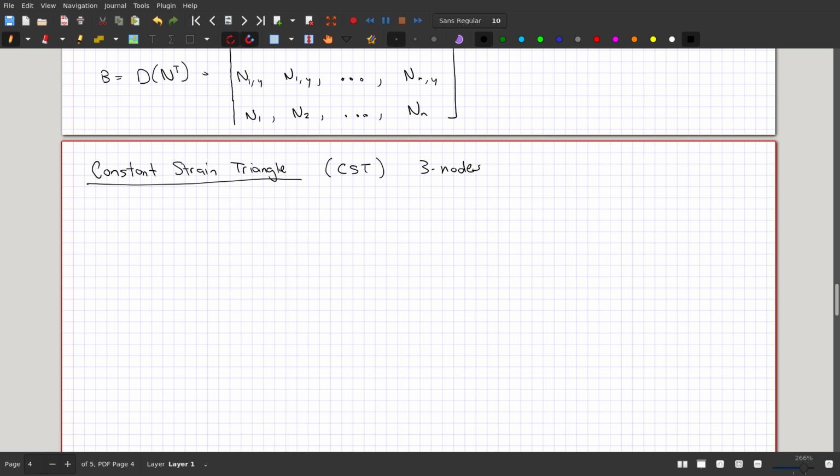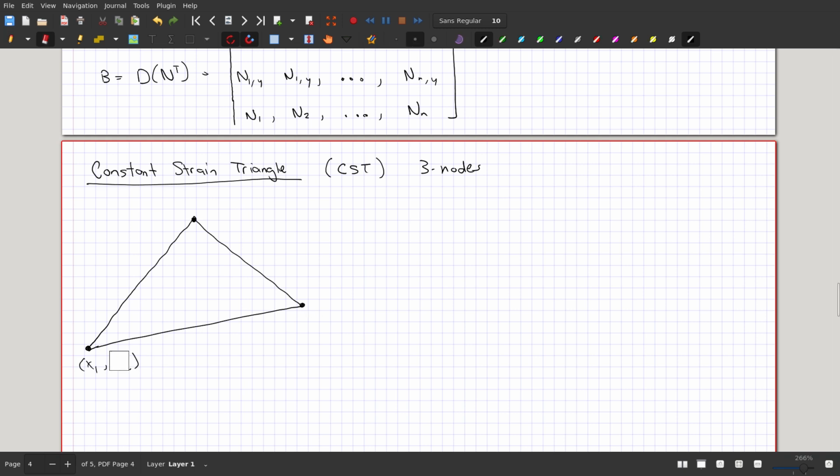So we'll start with just a generic triangle with 3 nodes: X1, Y1, X2, Y2, X3, Y3.